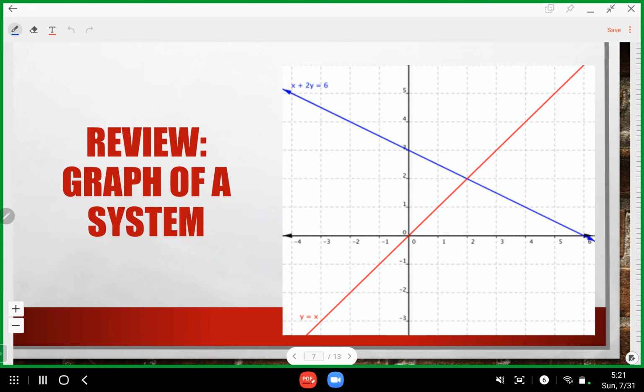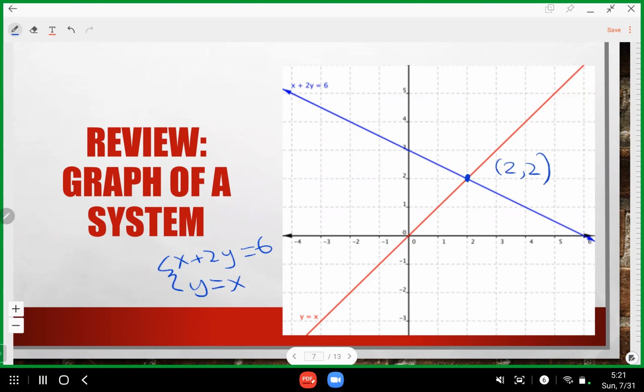So the system shown here is x plus 2y is equal to 6. And then y is going to be equal to x, right? So what we do is we're going to find the intersection of these two lines that are graphed, and that's going to be the solution. The solution here is 2, 2.